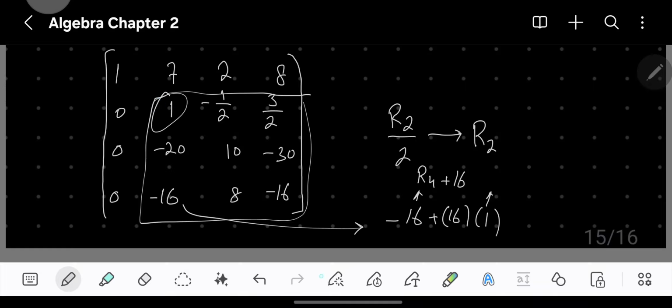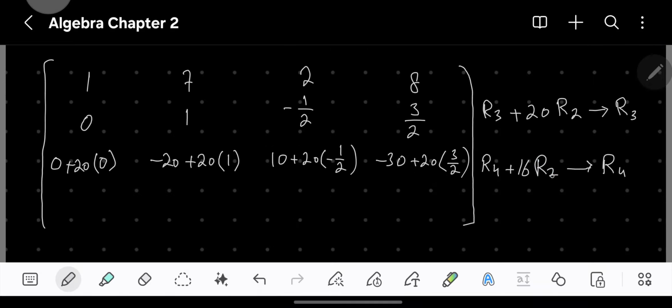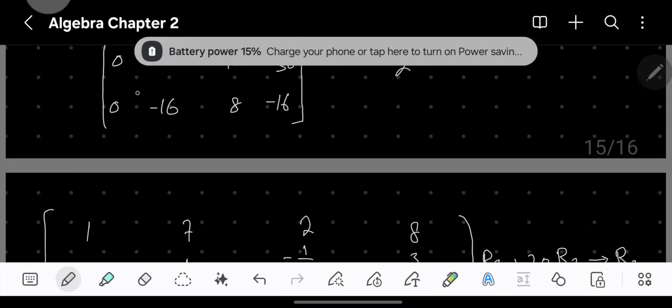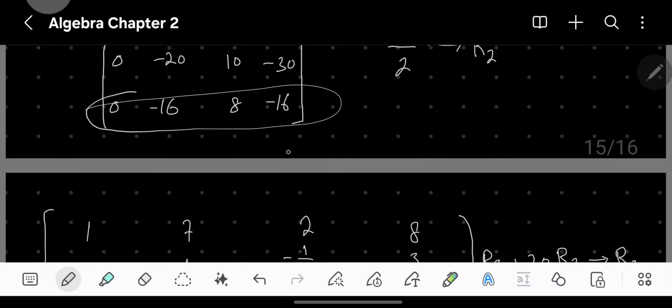Our pivot is in R2. These changes will be made in R4, that means R4 plus 16 R2. First I will write R4, which is 0, minus 16, 8, minus 16.